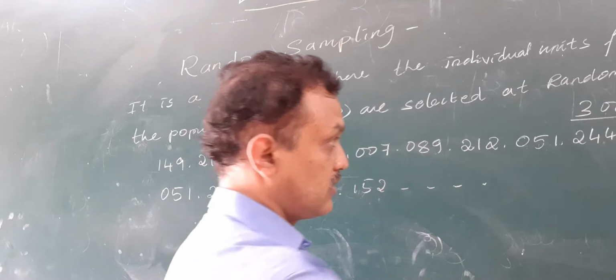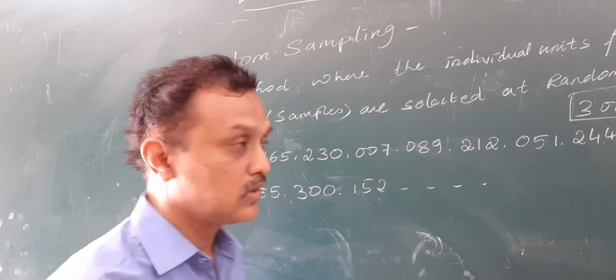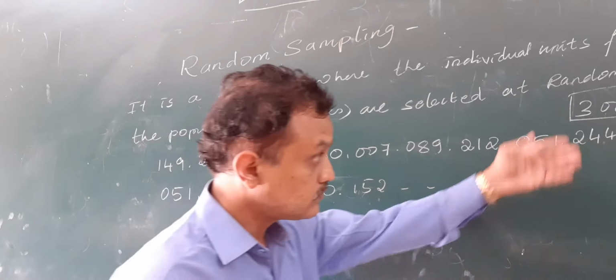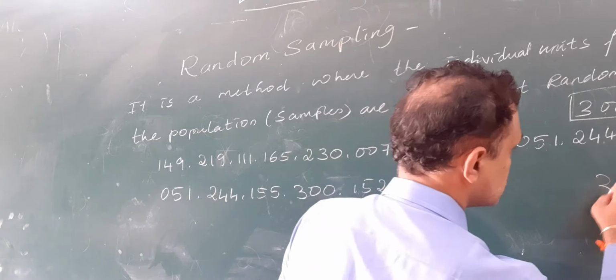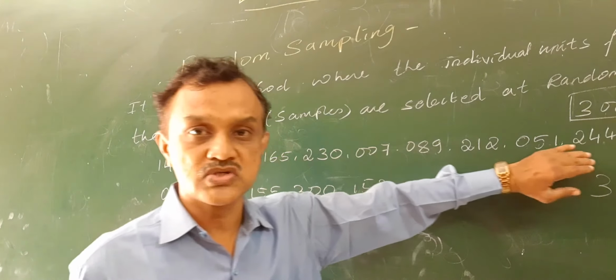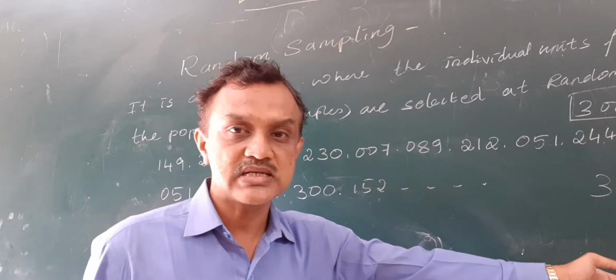Out of this 300, it can select any number of households. Assume the government selects 30 households as samples.